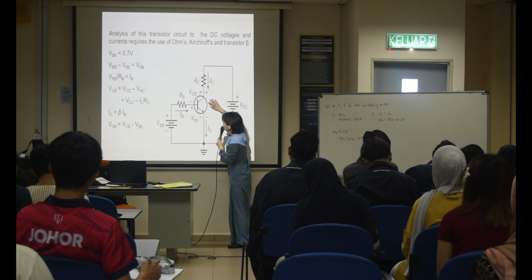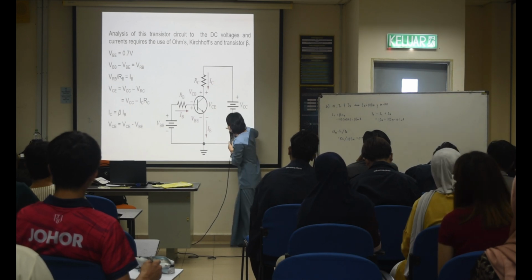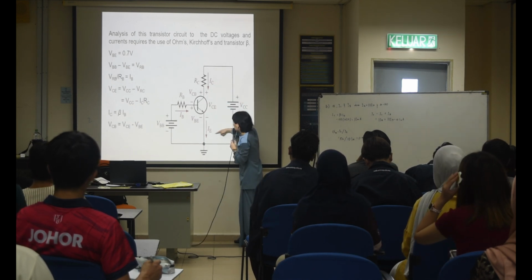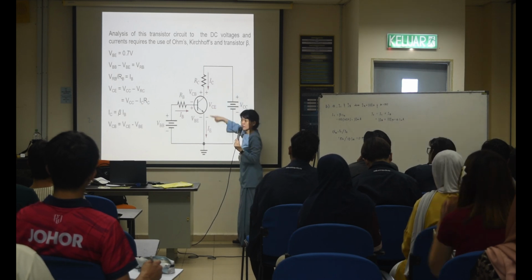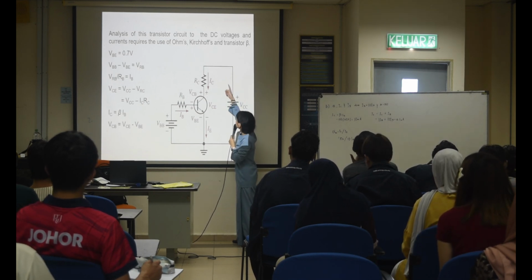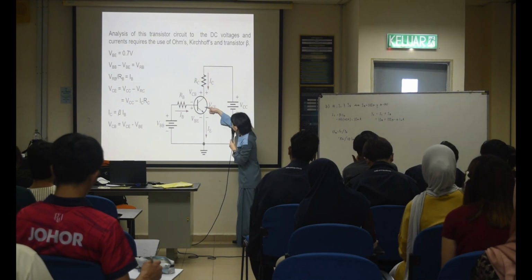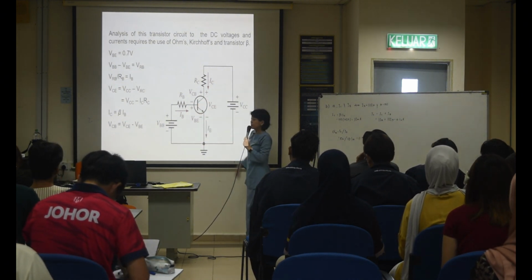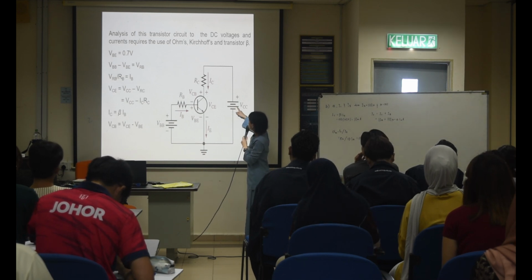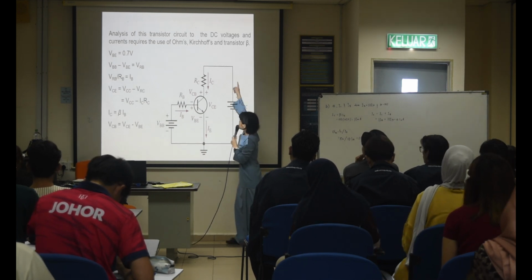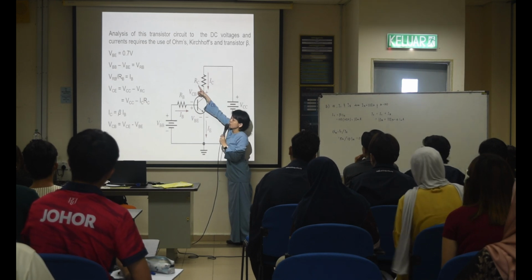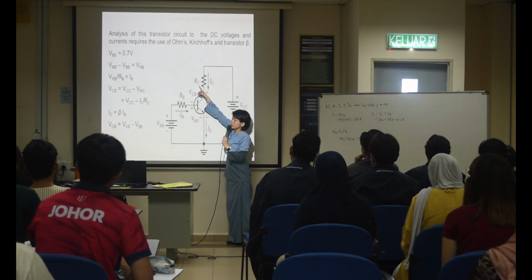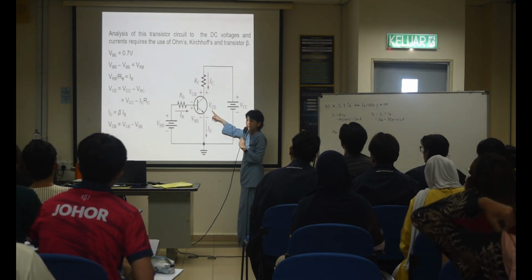If you want to find this VCE, this is the whole circle. You see this side now? From here, the battery goes up, then passes through here, and goes down here. You don't consider this part first. So here, VCC, you go here, minus your VRC, then you will get your VCE.